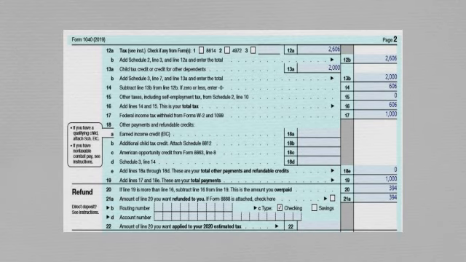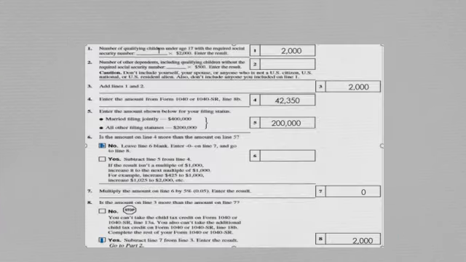Next, we will calculate your child tax credit. You can find this worksheet on page 35 of the 1040 instructions. On line 1, since you had one child, put $2,000, carry that down to line 3. On line 4, put your adjusted gross income. In our example, that was $42,350. On line 5, you can see from the left that you put $200,000 down.